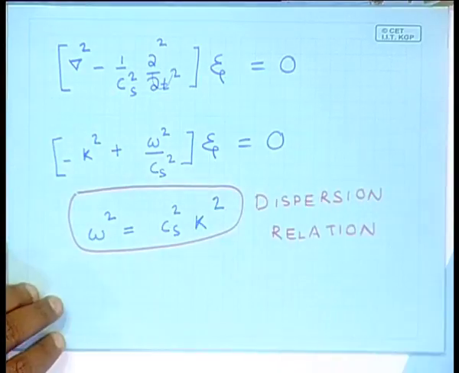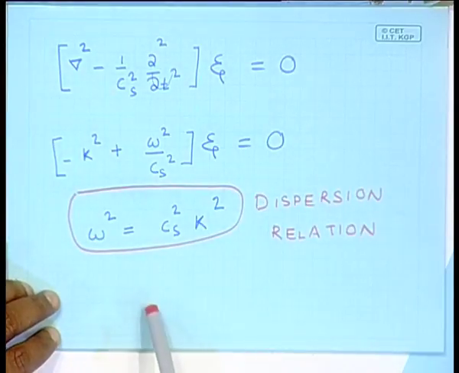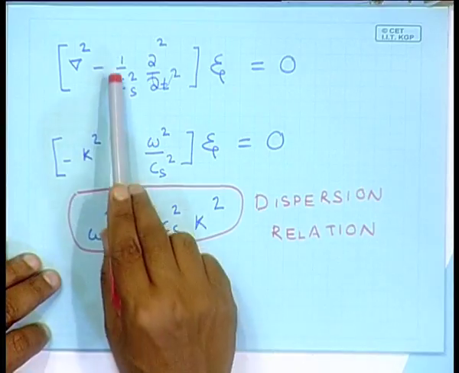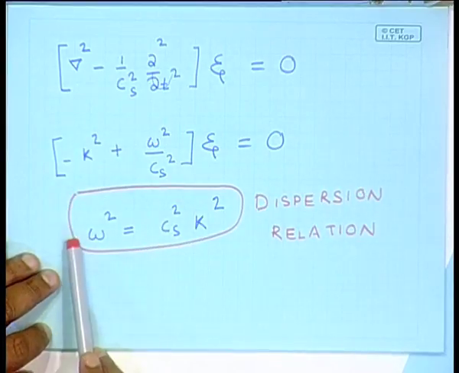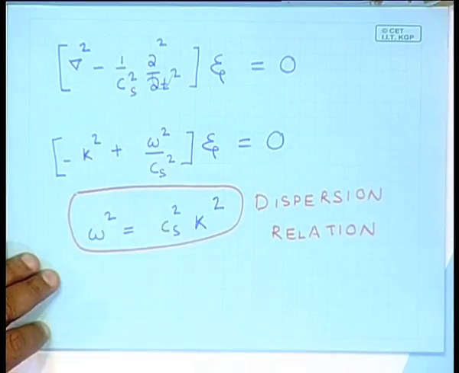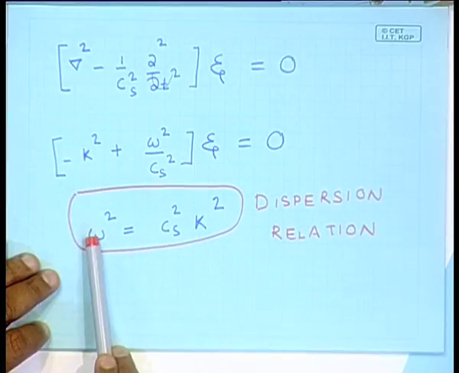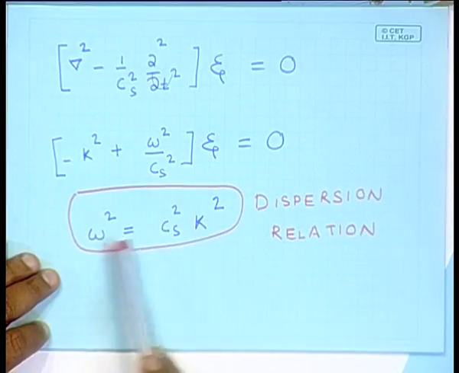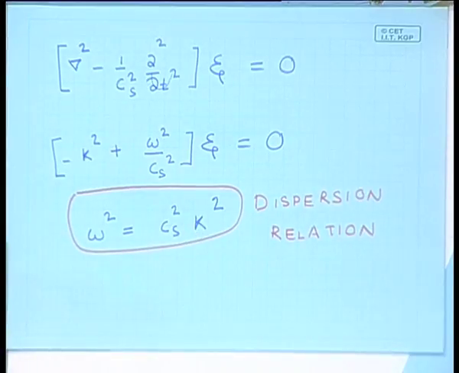What we found is that the plane wave satisfies the wave equation provided the angular frequency and the wave number are related like this. So, the dispersion relation has to be satisfied.